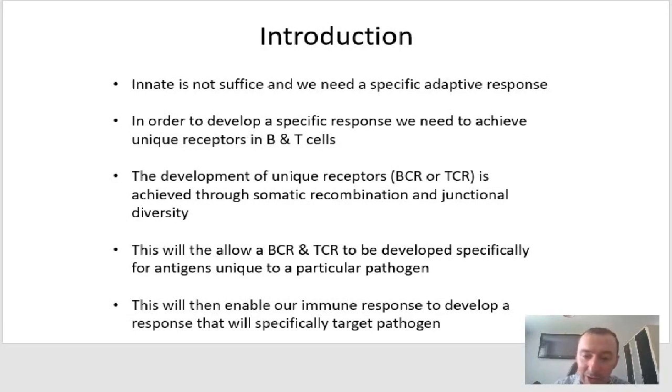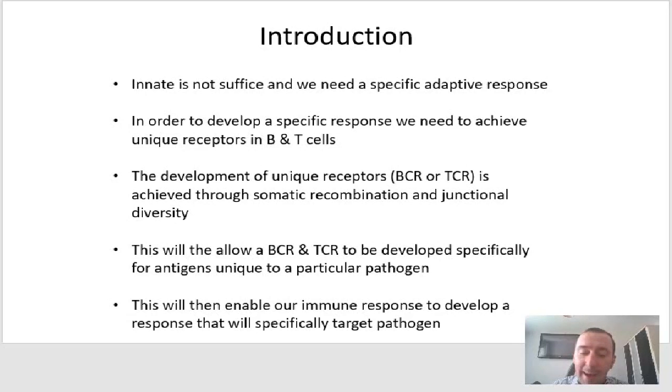And it achieves that through a series of processes. The first is somatic recombination and associated junctional diversity. So somatic recombination, junctional diversity, and the last one is somatic hypermutation that takes place after the B cell becomes activated. Once it undergoes the initial somatic recombination and junctional diversity, this allows the B cell receptor, or if it's T cells developing, they undergo a similar process to develop a unique T cell receptor.